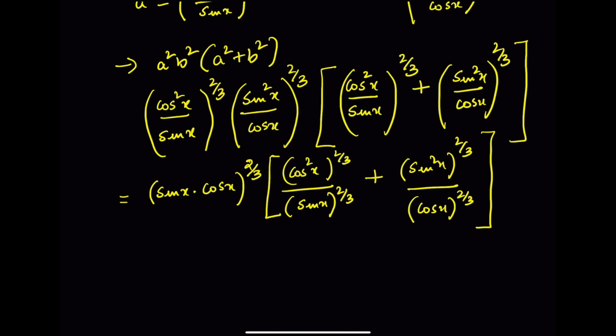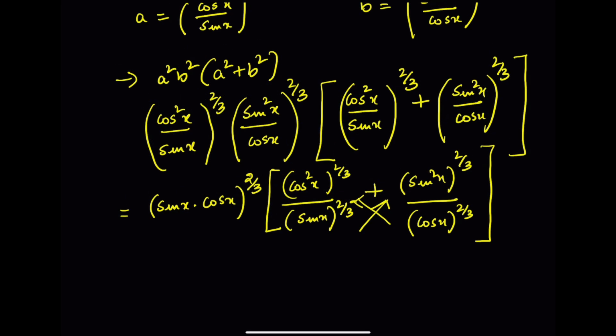Now what we can do is, let's solve for the common denominator or rationalize the denominator here. So we are multiplying sin x and cos x to the power of 2 by 3 to numerator and denominator. Let's do that now. So now the equation would be sin x times cos x to the power of 2 by 3 times, now cos x to the power of 2 by 3 times cos square x to the power of 2 by 3.